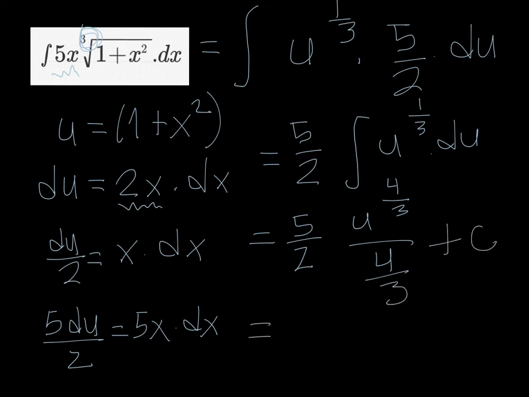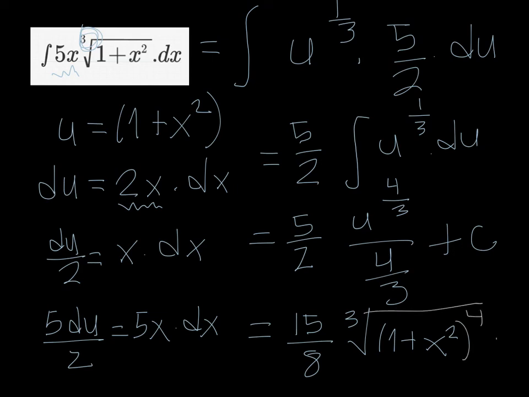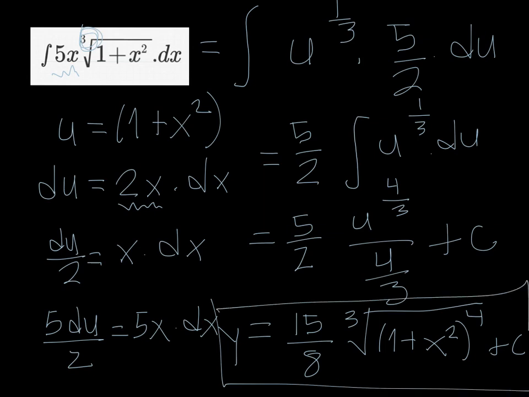So 5/2 over 4/3 will be 15/8 of u to the 4/3, and that will be the cubic root of 1 plus x squared to the 4, plus c. So finally, we are obtaining the indefinite integral of each of the functions.